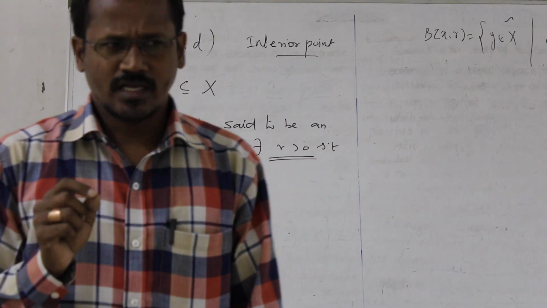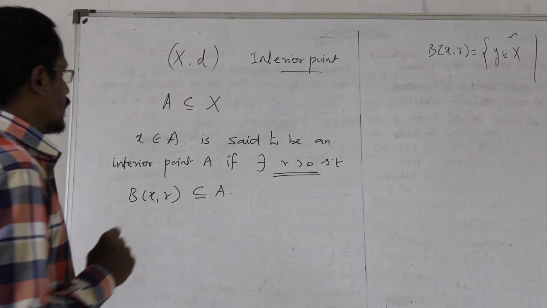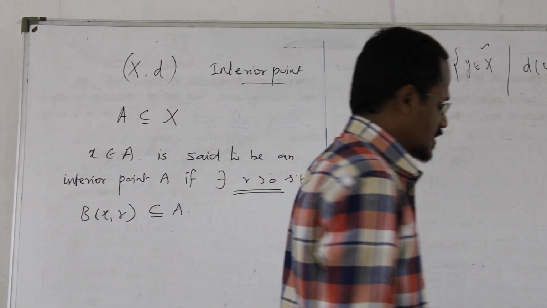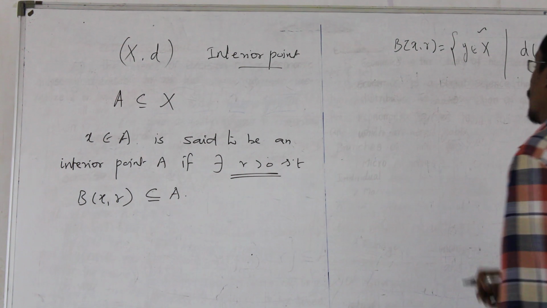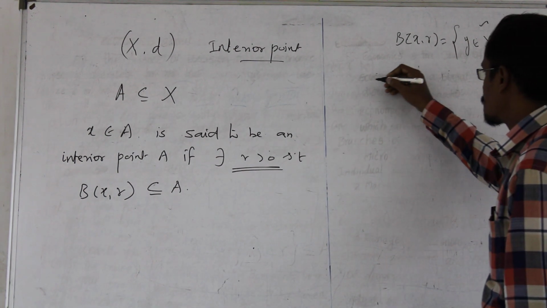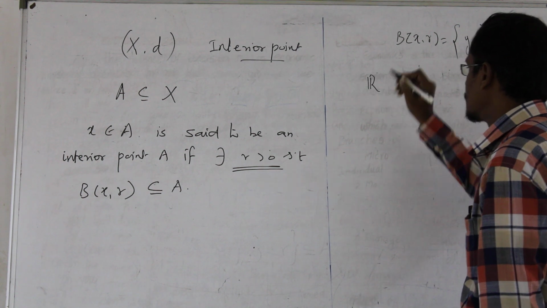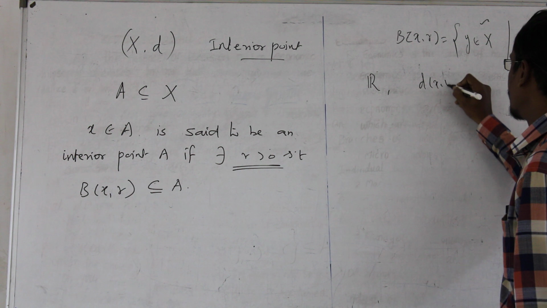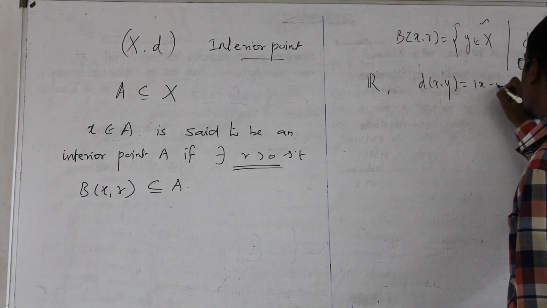We can give some examples of an interior point of a set. Just like when we defined the open ball, in R we take here also the metric space as the set of real numbers R with the usual metric d of x comma y equal to mod x minus y.